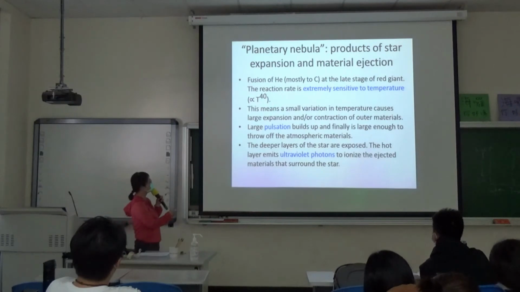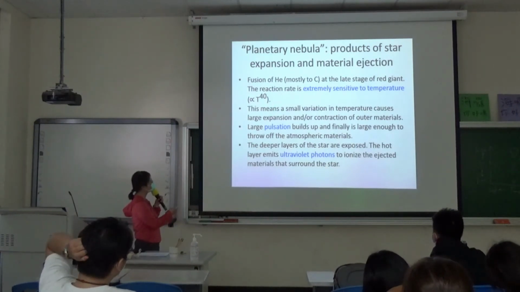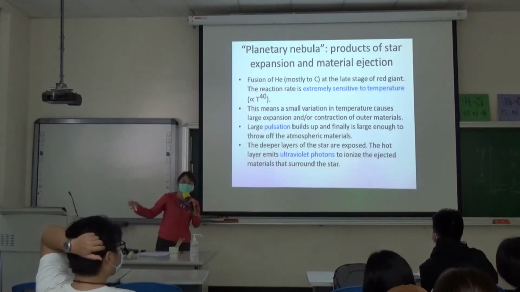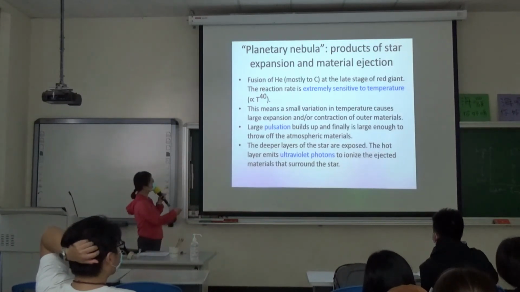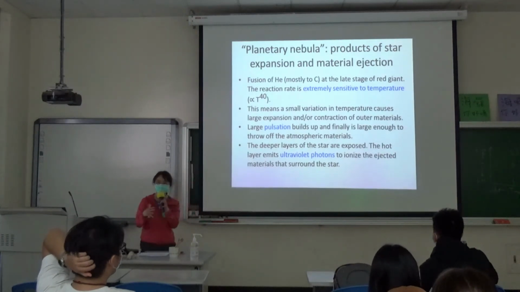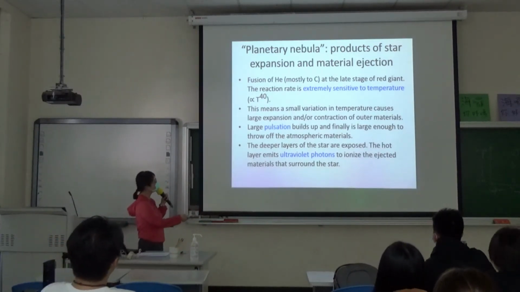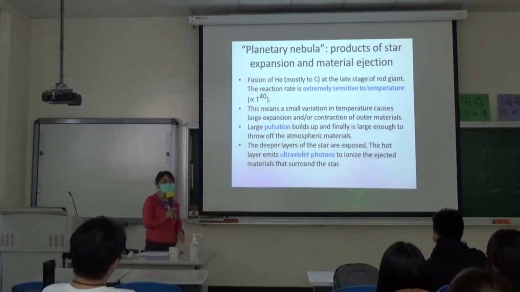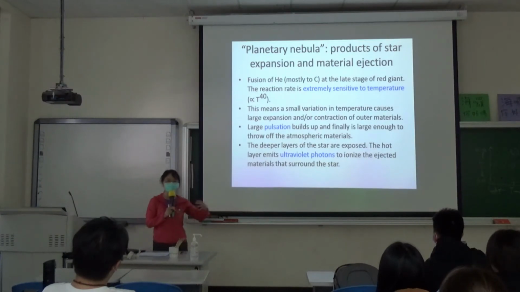This means a small variation in temperature causes large expansion or contraction of the star's outer material, and this leads to pulsation, 就是脉动, it looks like this. It builds up and finally is large enough to throw off the atmospheric material, because the pulsation is so intense that it starts to throw away its material.